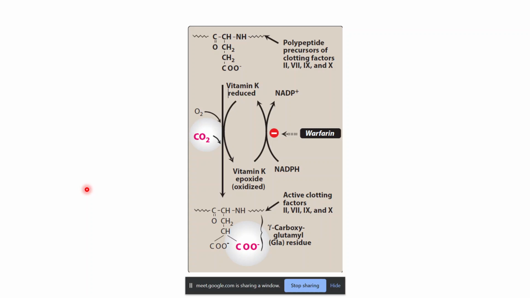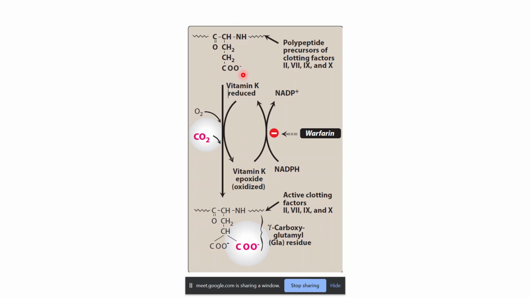The primary drug is warfarin, and other coumarin anticoagulants act by antagonizing the functions of vitamin K. The mechanism of action of warfarin is based on inhibiting the reduction of vitamin K that is used in activating the clotting factor.